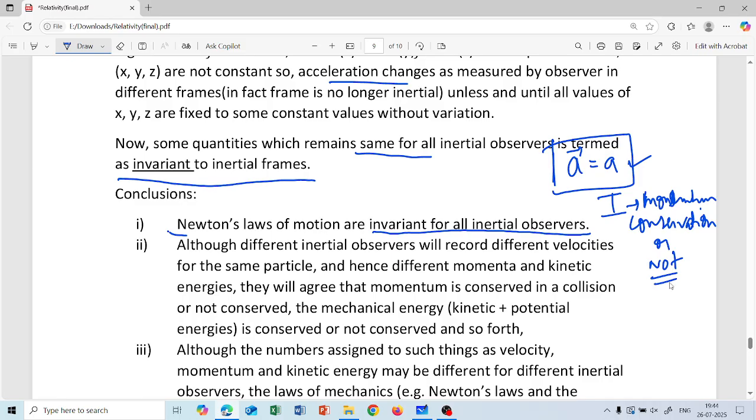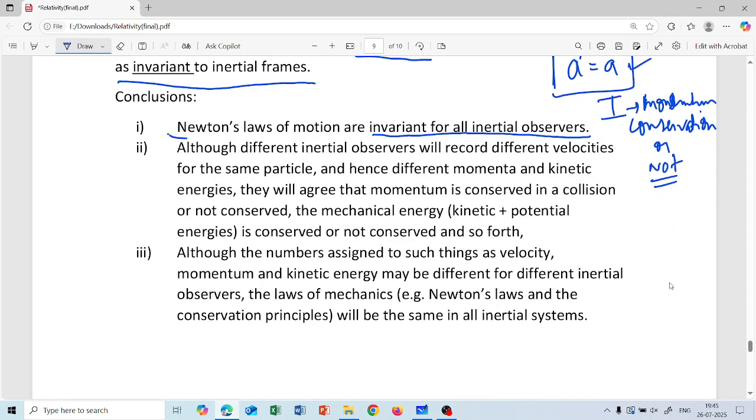And the third point is that the numbers may vary for different inertial observers, but the laws of mechanics will be the same in all inertial systems. These laws are applicable and the same in all inertial systems. So these are the conclusions which we can get from Newtonian relativity.